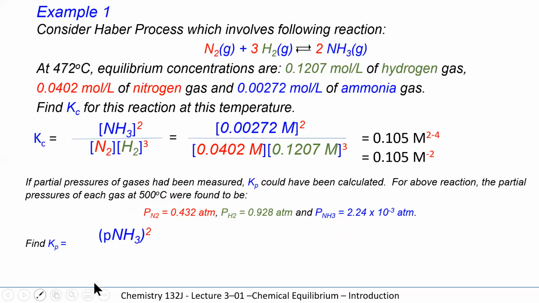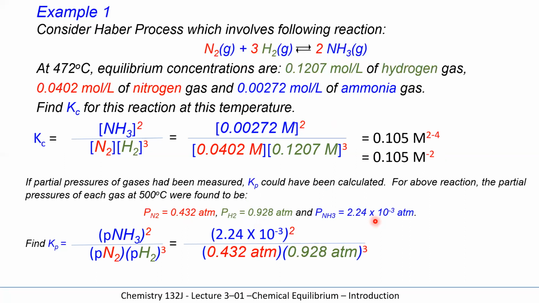So now we can use our equilibrium expression. Here, we say the partial pressure of ammonia squared, divided by the partial pressure of nitrogen, divided by the partial pressure of hydrogen cubed. So we take the value given for ammonia and square it, take the value given for nitrogen, and take the value given for hydrogen.